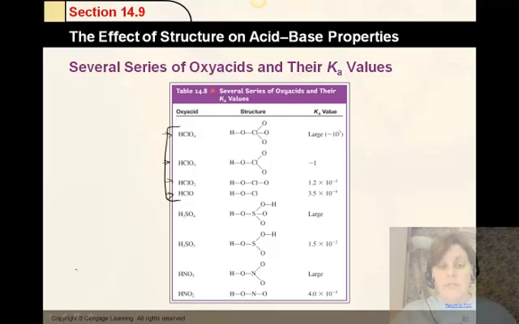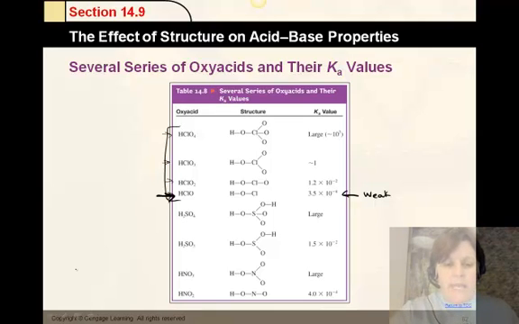So they're all kind of a series with that polyatomic chlorate. Remember, per, hypo, and ite from the naming. So we can see that the first acid, the one with the fewest attached oxygens, actually has the lowest Ka value. This is quite a weak acid.